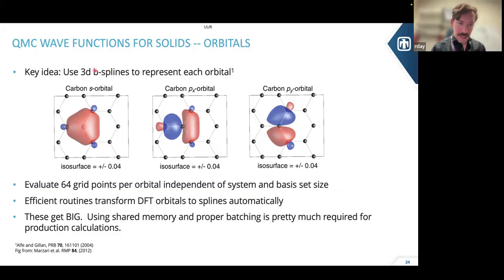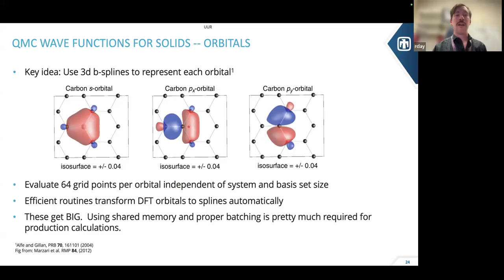This is really nice. It is a compact basis set. It's going to be 64 grid points per orbital, and it does not depend on how big the system size or the basis set size is. You land in a particular part of this box. It's basically a lookup to find out which B-spline coefficients are relevant.